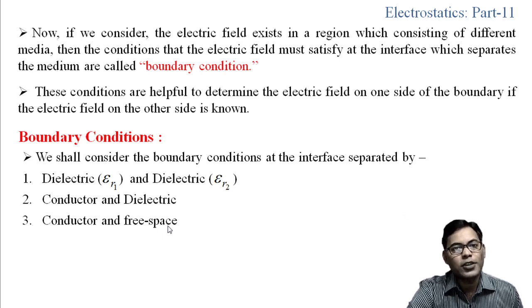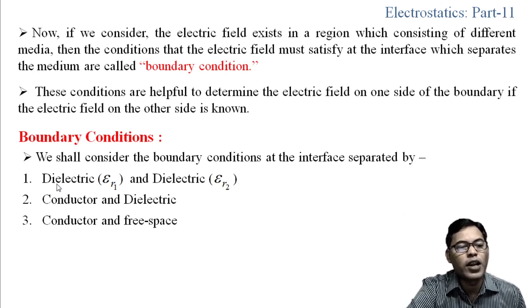First we are going to study the dielectric medium case, because this is the generalized case. If we study it, then the boundary conditions for cases 2 and 3 will be easier to calculate, because these two are special cases of case 1.